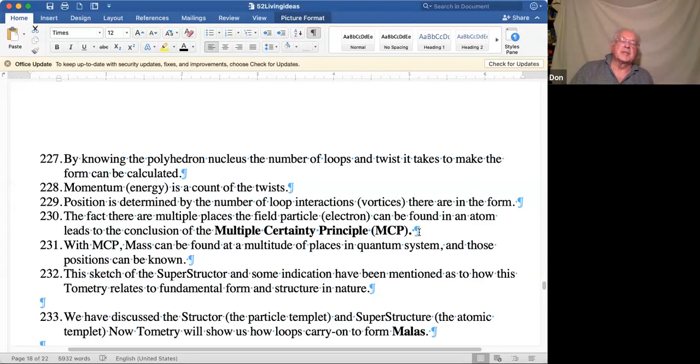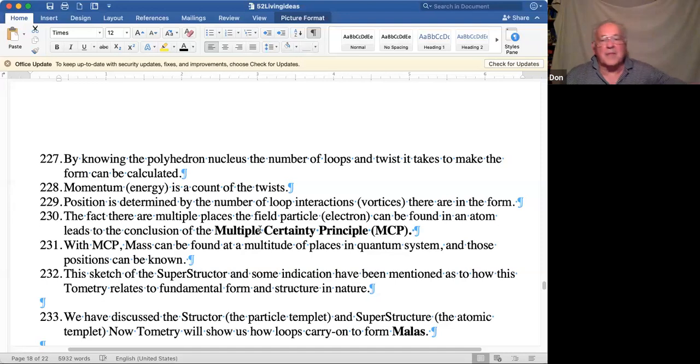Physics right now has the uncertainty principle, saying you can't know those things, but with field structures you can. But the twist, so to speak, is that where something is can be in multiple different places depending on the polyhedra nucleus of the event.